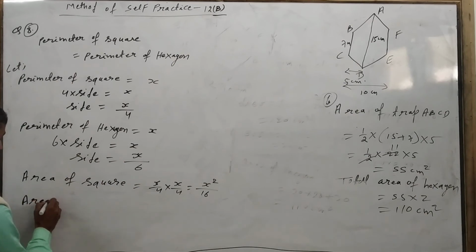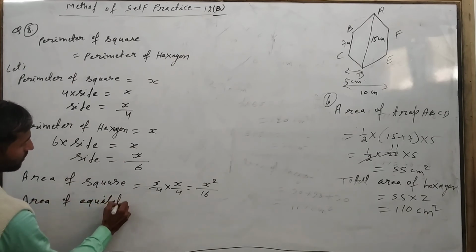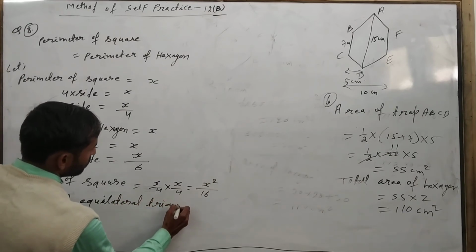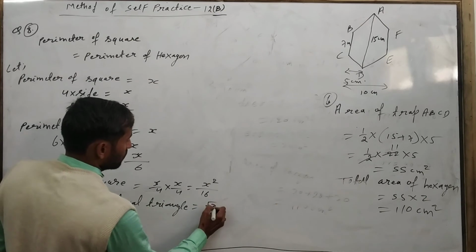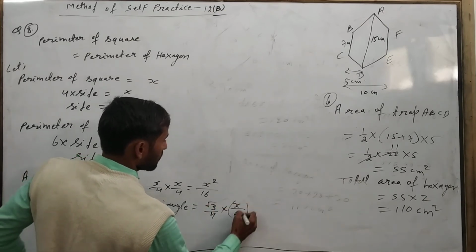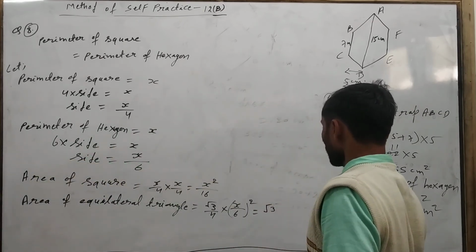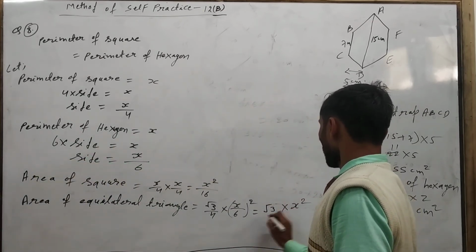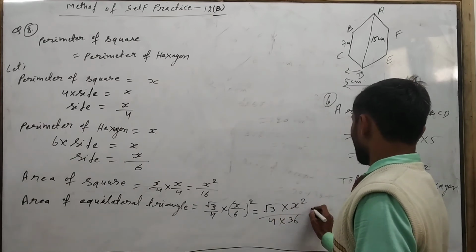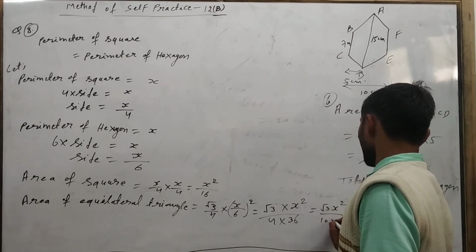The area of an equilateral triangle is equal to root 3 upon 4 side square. So the side is x upon 6 square, root 3 into x square upon 4 into 36, so it will come root 3 x square upon 108.